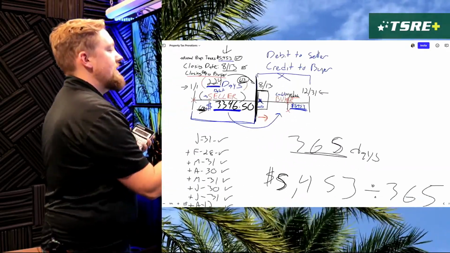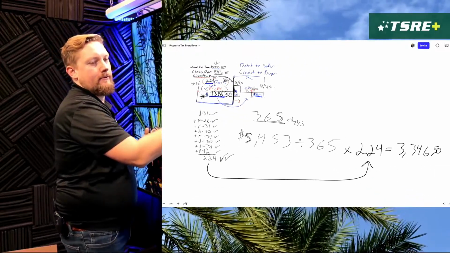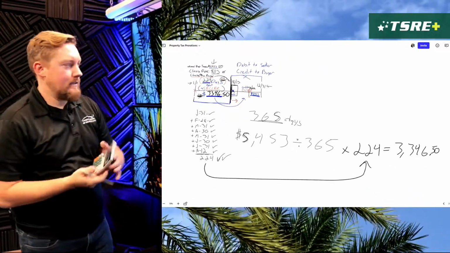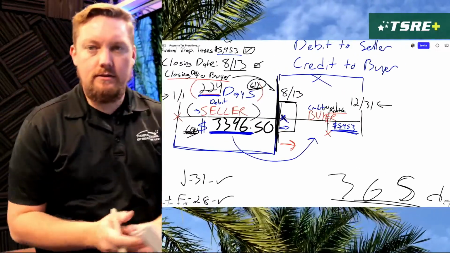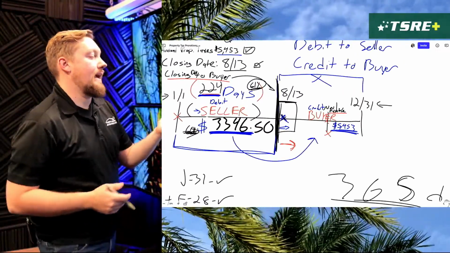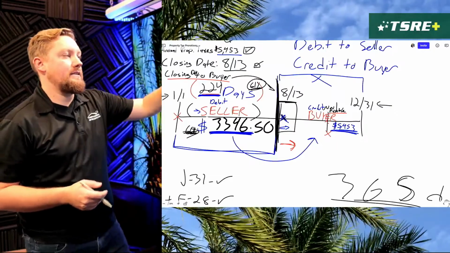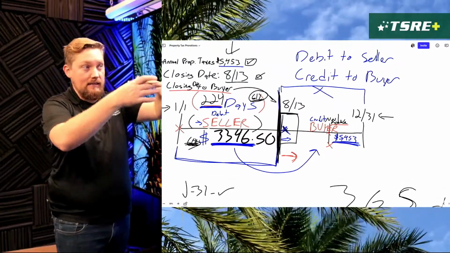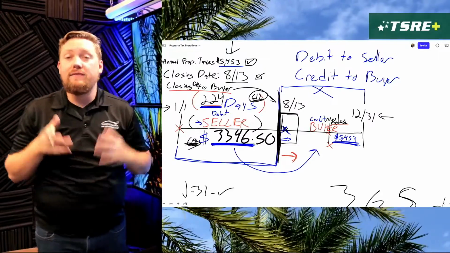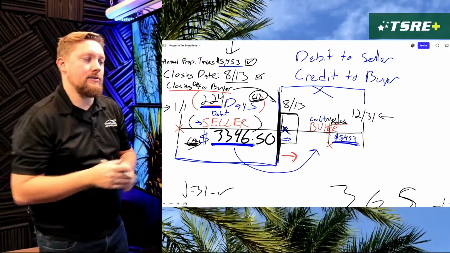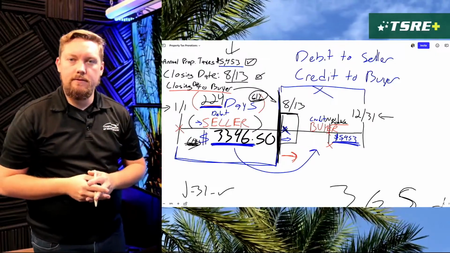And again, that's going to be a debit to the seller and a credit to the buyer. And that $3,346.50 is going to be exactly the 61 point whatever those decimals were percent of that $5,453 for the entire year.